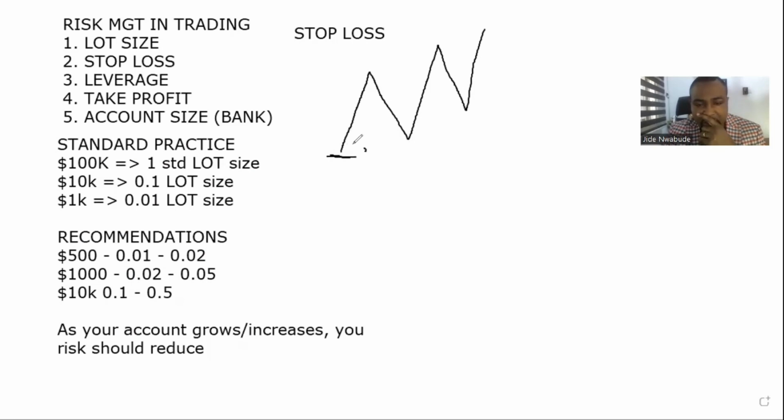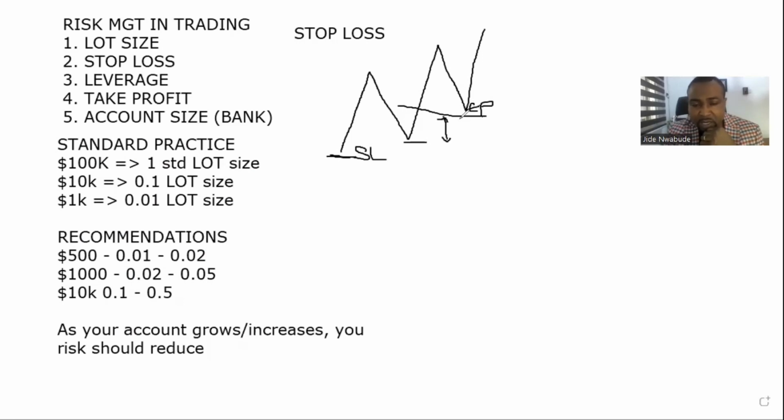So this is where I would recommend a stop loss to be placed. If this is where my EP, my entry price, is, my stop loss should be below here.